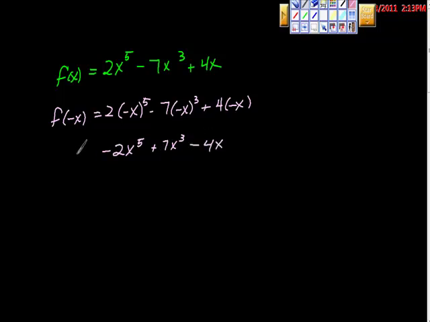So it does equal the opposite, doesn't it? That's awesome. Okay, so this is an odd function, right? Because we know that the rule is f of opposite x has got to equal the opposite of f of x. And these are opposites everywhere, right? This was a positive, this is a negative; this is a negative, this is a positive; this was a positive, this is a negative. So it's a perfect opposite, isn't it? Okay, so we did it. Good job.